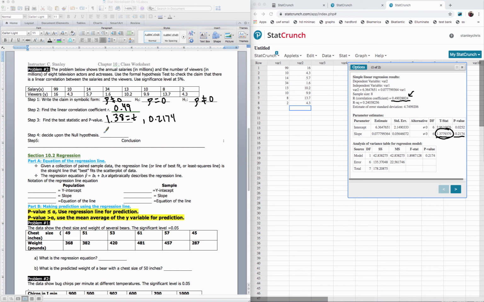Now we need to decide on the null. This 0.2174 is greater than 0.05, so this is a fail to reject H null. So what that means is I'm not rejecting this. And if you listened before, this means that there's no association.